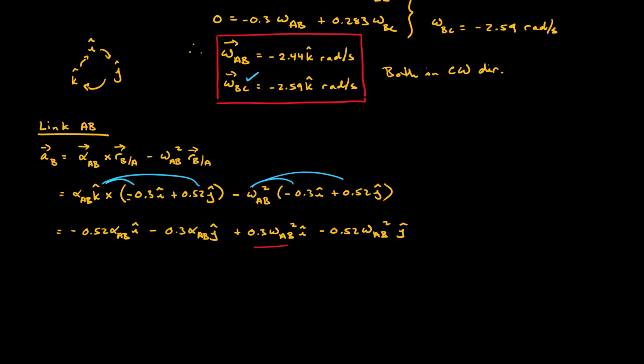So we can actually find numerical values for these two terms here because we have omega AB, we know it to be 2.44. So what we're going to do is group i and j terms together. So this gives us 1.786 minus 0.52 alpha AB in the i direction plus negative 3.096 minus 0.3 alpha AB in the j direction.